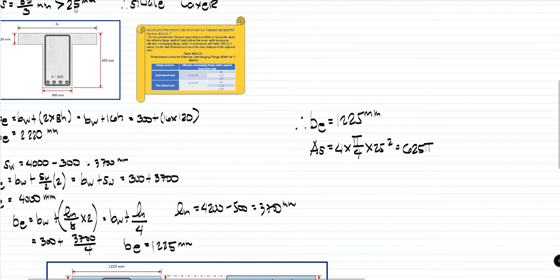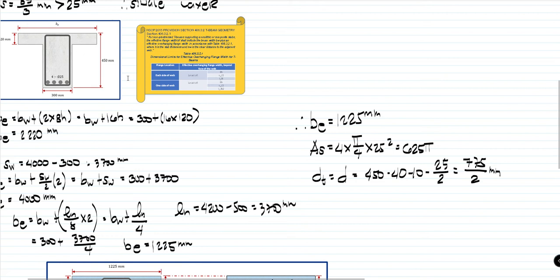So, that will be DT is equal to D. So, that is 450 minus 40 minus 10 minus 25 over 2. So, we have a D and DT equivalent to 775 over 2 mm.